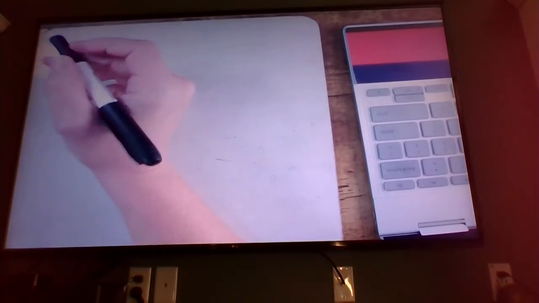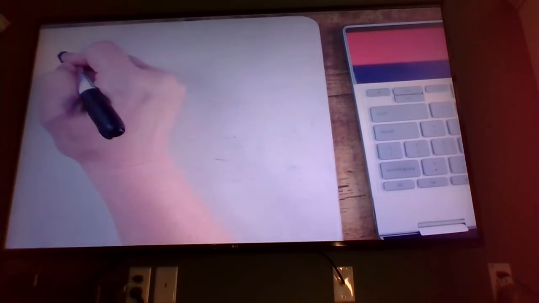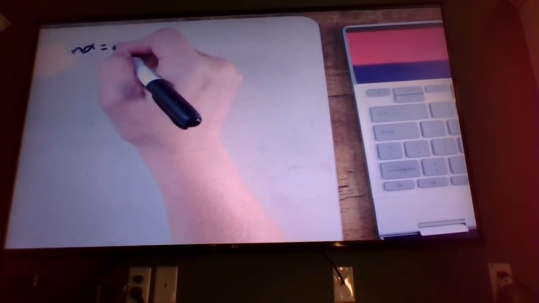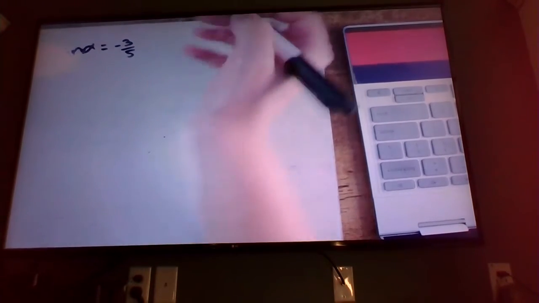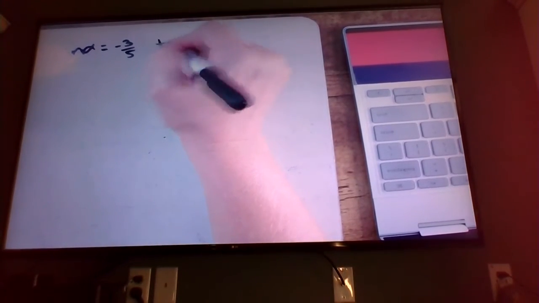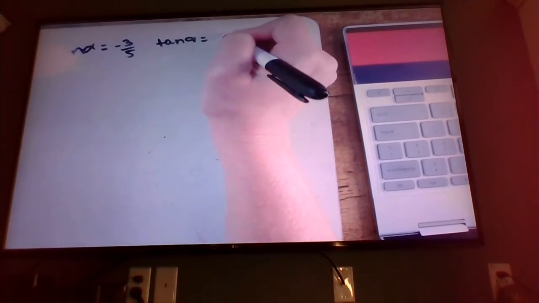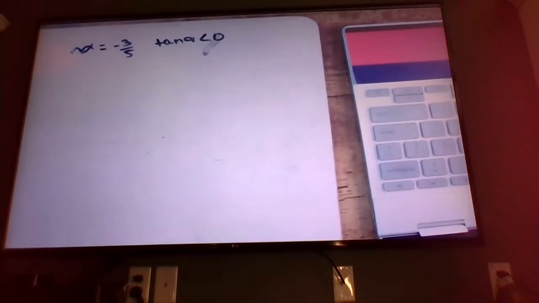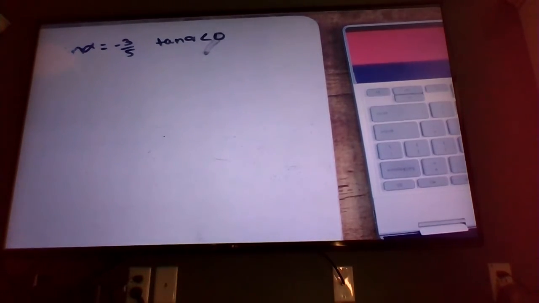You can also do like a mystery with this. It could say, suppose that the sine of alpha is negative 3/5 and that tangent of alpha is less than 0. Where does it terminate?